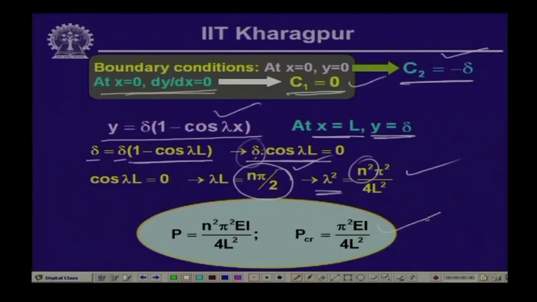If cos lambda L equals to 0, then lambda L in general will be equals to n pi by 2, from which if we substitute the minimum value of n, we get the critical load as equals to pi square EI by 4 L square. So, this is the critical load for a column member which is fixed at one end and free at the other.